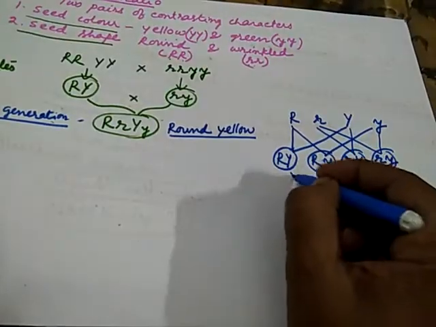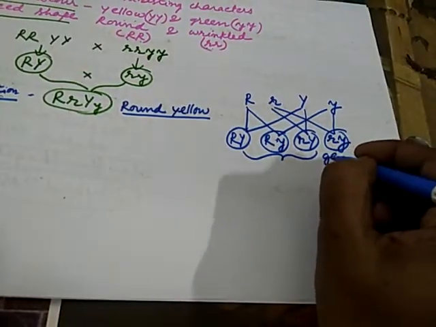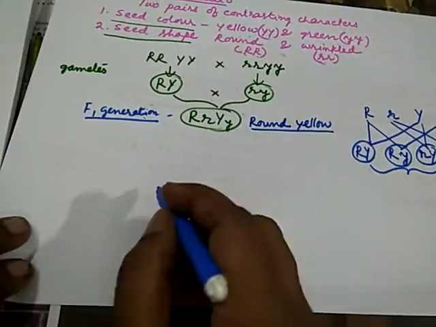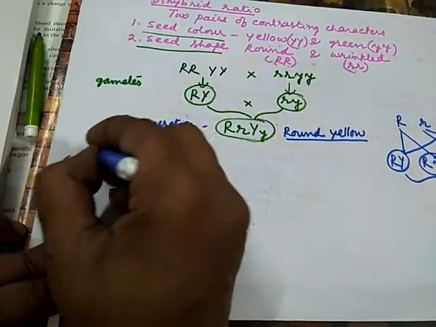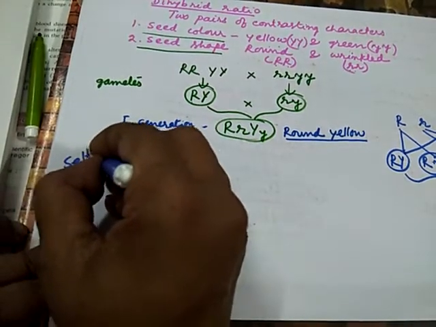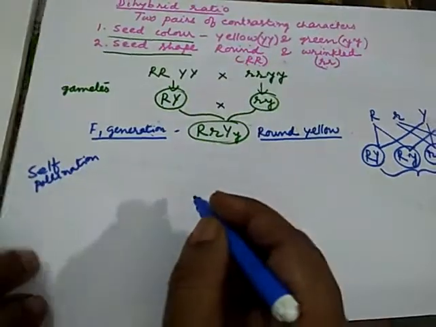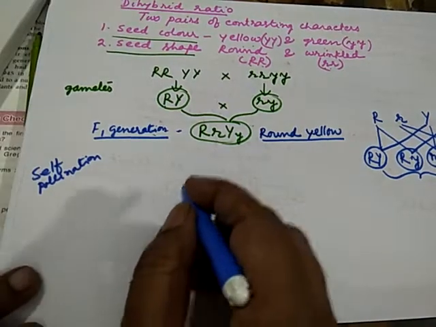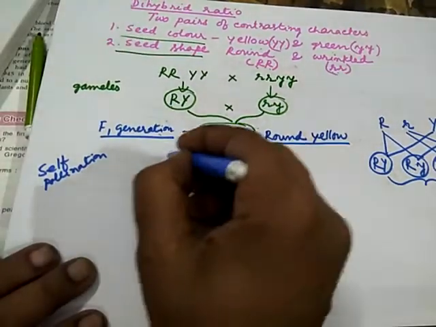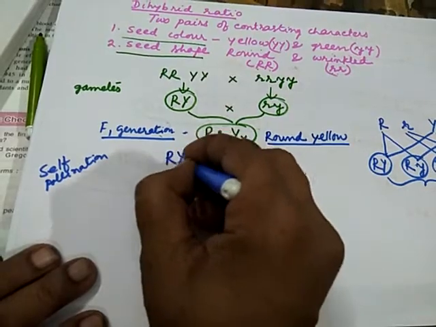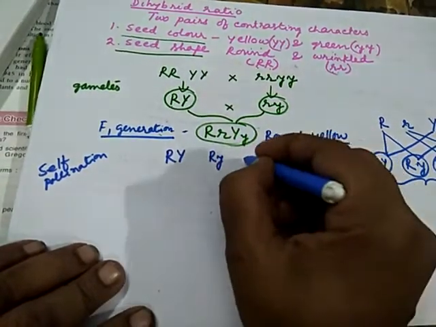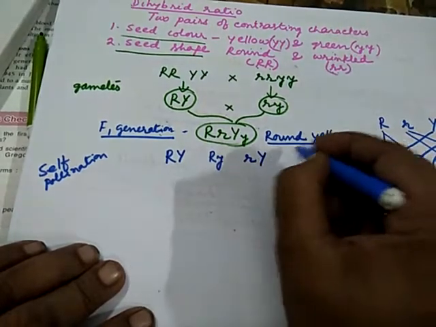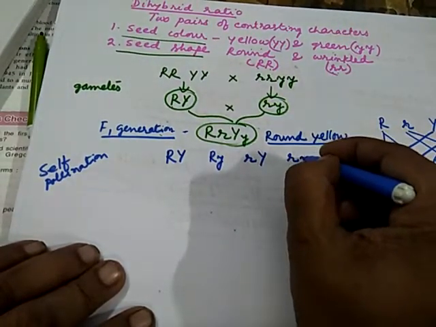These all four are gametes, and they are allowed for selfing. Selfing means self pollination. So we will arrange them in this way: RY, RY, RY, RY.